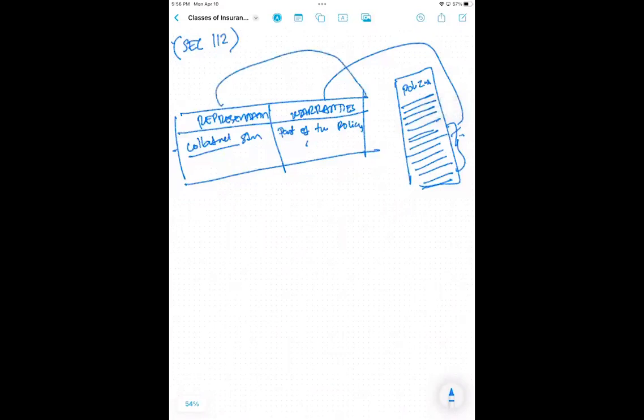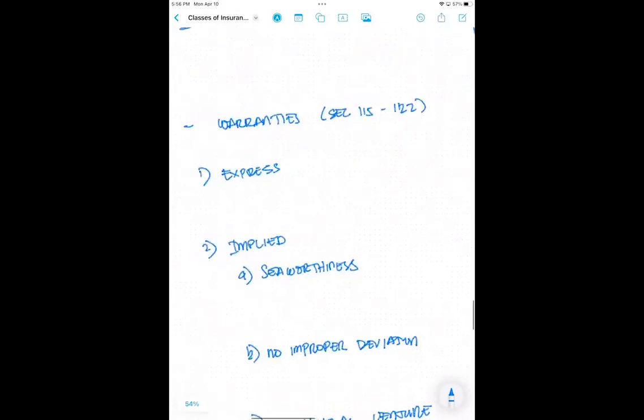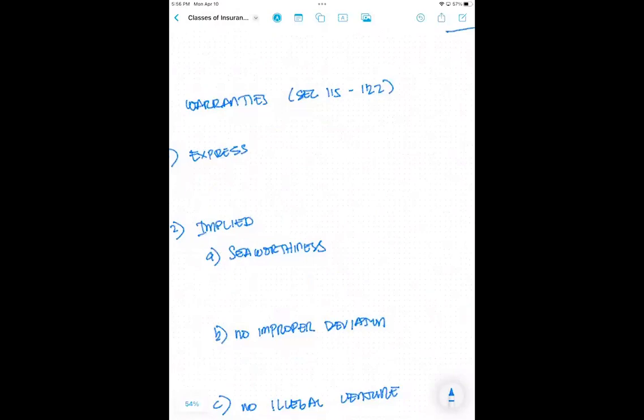Representation, on the other hand, you will not find in the policy. These representations are actually the inducements made by the insured to the insurer to take on or to issue the insurance policy. So that's representation and warranty. Now, insofar as warranties in marine insurance are concerned, we have express warranties and implied warranties.